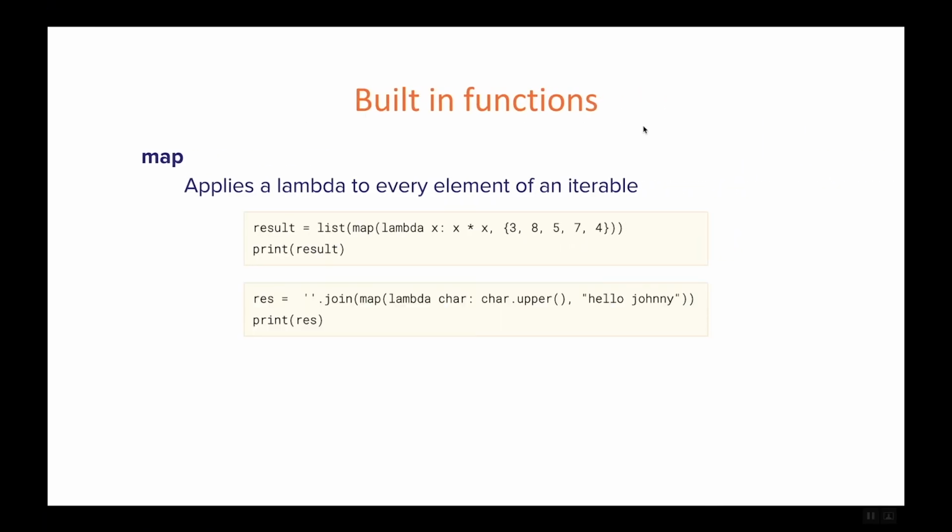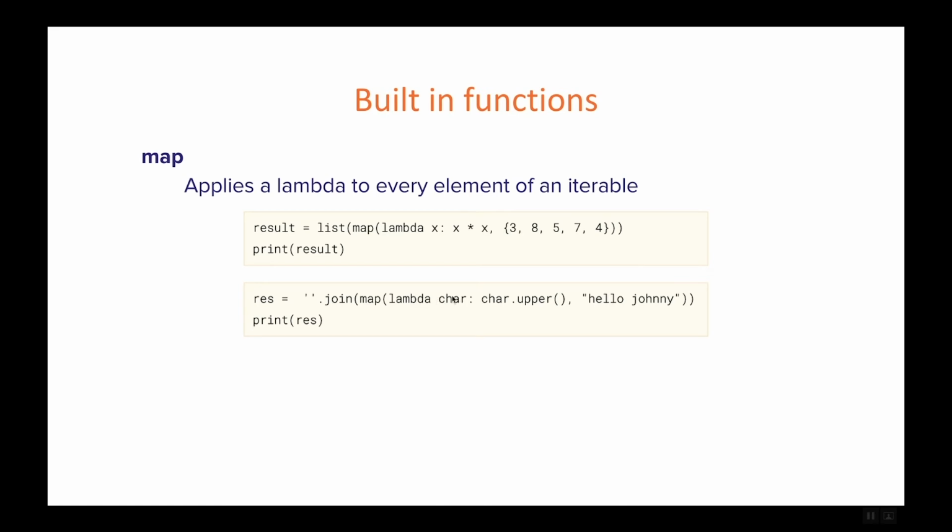Now here's another example. Let's say we want to convert all the characters of a string to uppercase. Of course, we have the function .upper, but let's say we want to do that with a function just to practice our map function, right? So we have our map function.